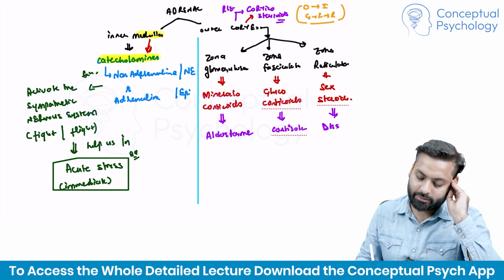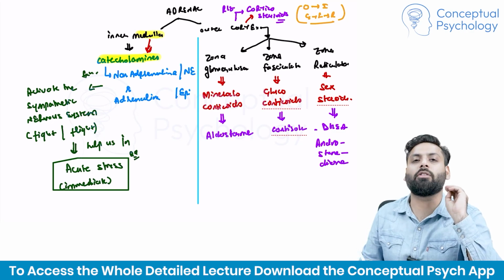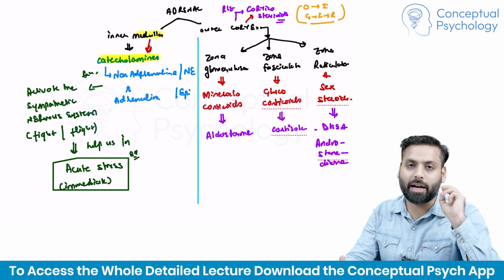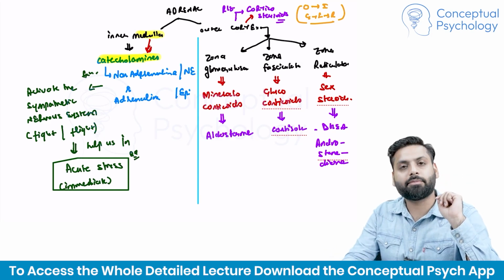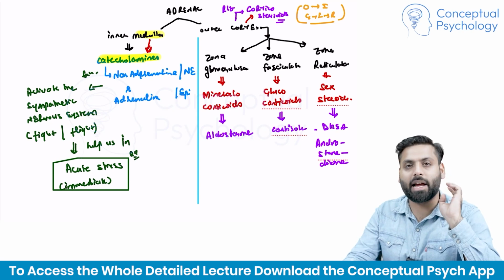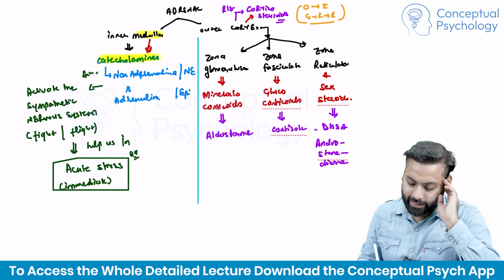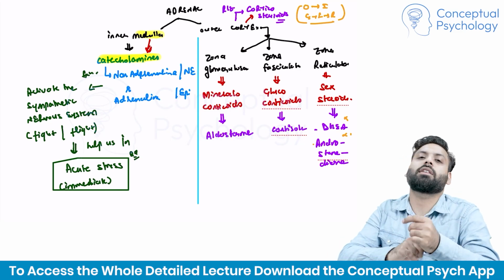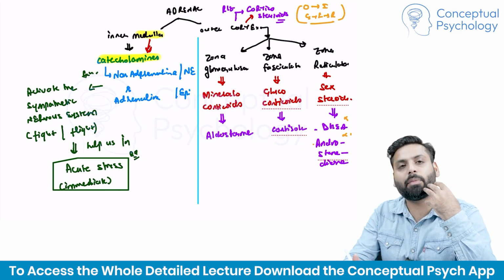This is DHEA, dehydroepiandrosterone, and then the second is androstenedione. Don't remember the names, no one is going to ask you. If you want to remember, you can remember DHEA.